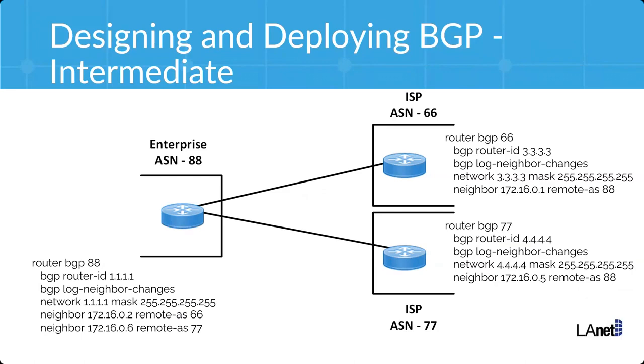If the ISP with ASN 66 has a problem in their autonomous system itself, I'm good because I still have a link through ASN 77, and vice versa. If ASN 77 is having a problem, then I still have a valid path through 66. Now, in this particular situation, I still fail though if my single router fails, right? So let's deal with that.